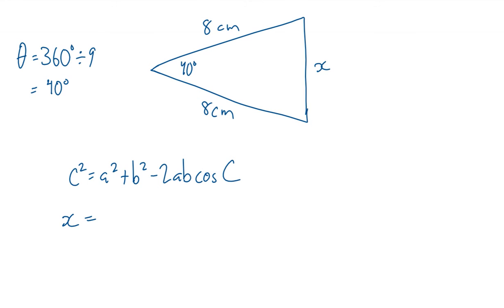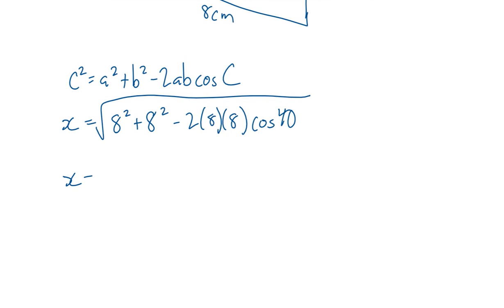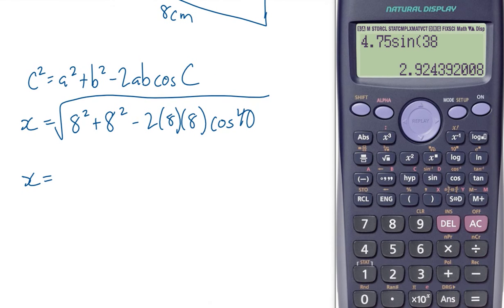So 8 squared plus 8 squared minus 2 times 8 times 8 times cos of the angle, which is 40. I'll take the square root of that. Whoops, what happened there? Okay. And then, depending on how you like to do things, you can do some of this work on its own, but if you have a good calculator, it's really easy to just sub in the whole thing, especially now that they have these calculators that look exactly like the question.